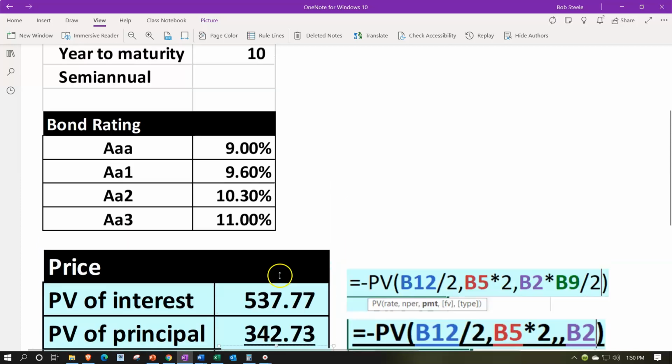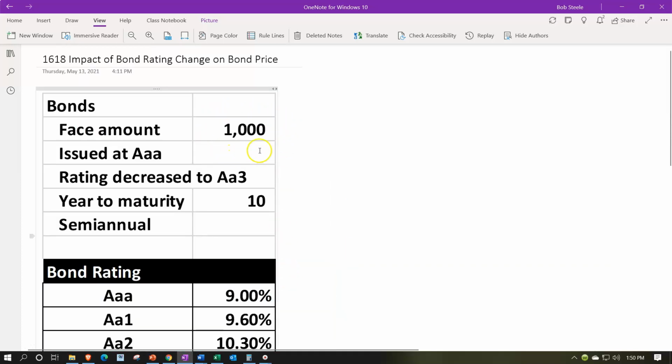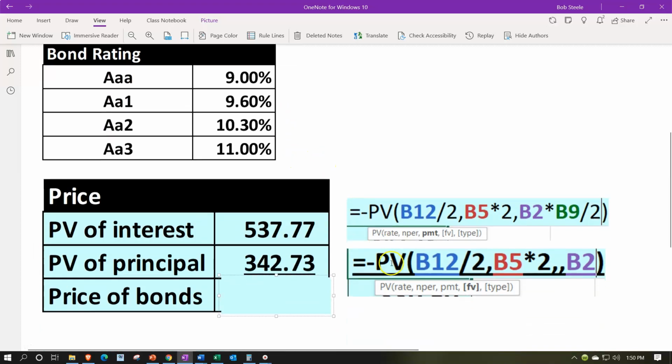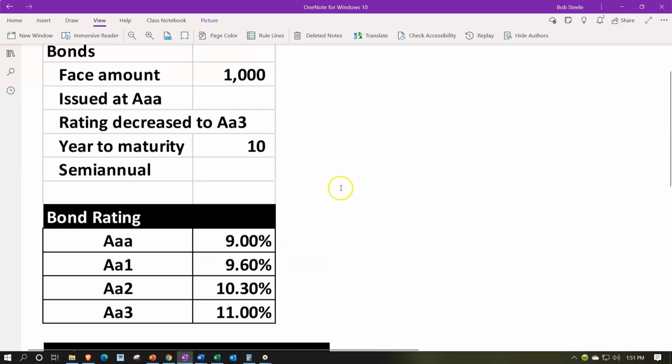Then we're going to do the present value of the maturity amount, the face amount at the end. This would be the present value of one formula. Negative present value of the rate. Once again, market rate, 11%. That's for a year though, so dividing it by 2 to get the 6-month period rate. Comma, number of periods. The number of periods would be 10 if they were years, but they're semi-annual, half years or 6-month periods.